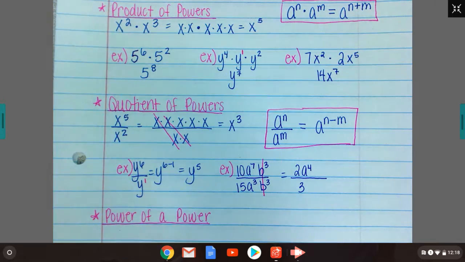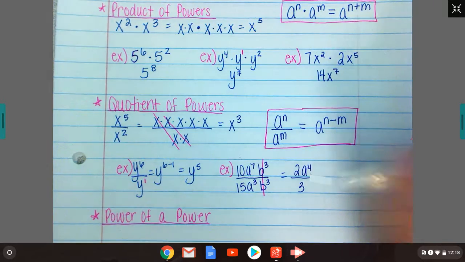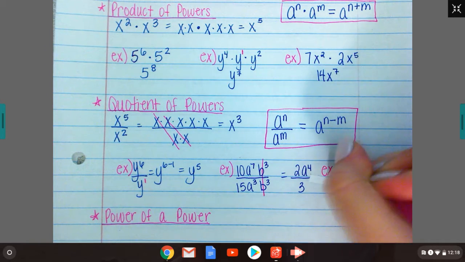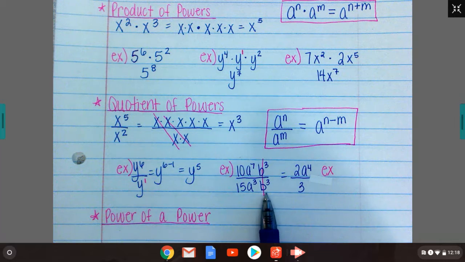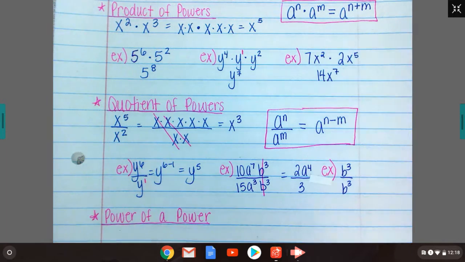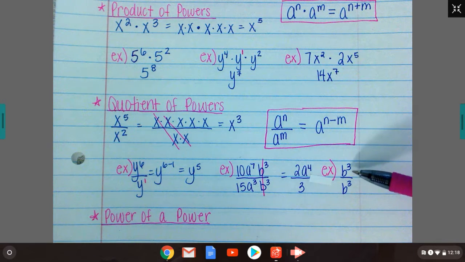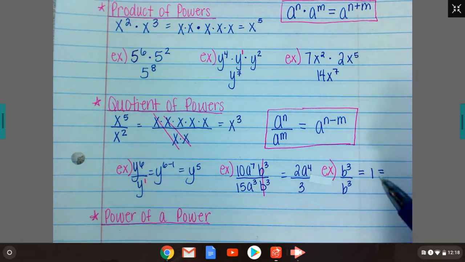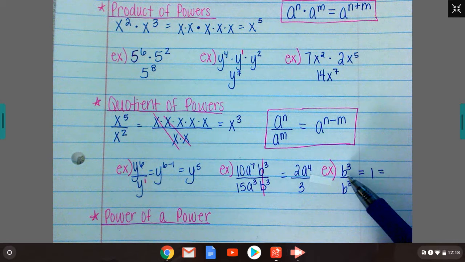There is actually one other property that's hiding inside here that I wanted to show you. So let me give you one more example. Let's look more closely at what we did here, this b cubed over b cubed thing. So what I want you to notice here is because we had something over itself, we knew that it equaled 1. But if I looked at this also as the subtraction, it was b to the third minus 3.